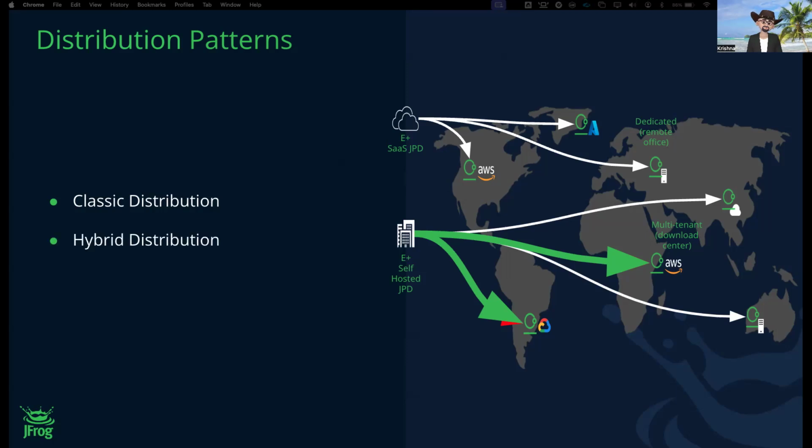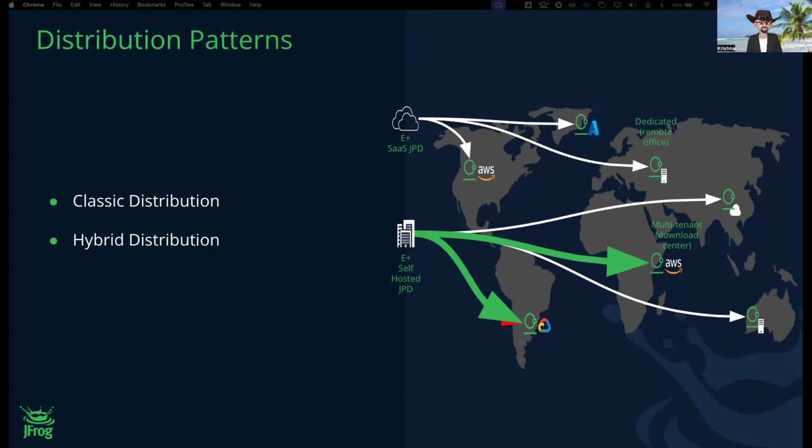Hybrid distribution combines elements of both central and distributed repository models to maximize flexibility and efficiency. In this hybrid pattern, central and regional Artifactory instances handle core repositories, while regional instances manage local distributions and edge nodes are deployed as needed to optimize local access and caching.